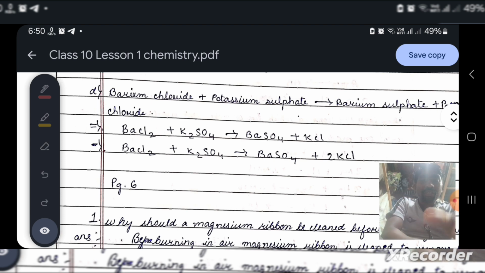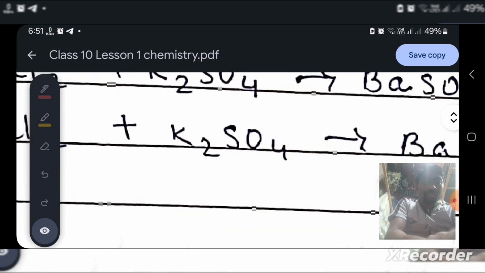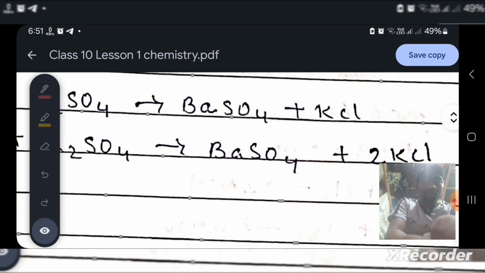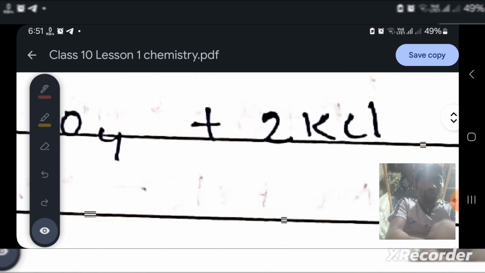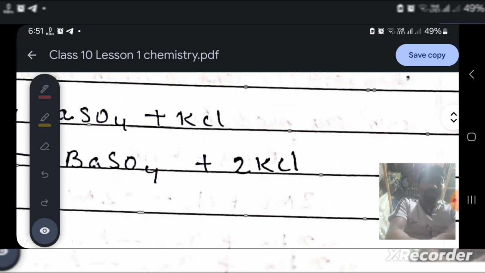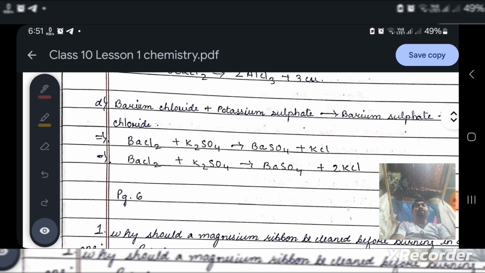In the reactant side BaCl2 has 2 chlorine, but in the product side there is only 1 KCl, so we'll put 2 before KCl, so chlorine has become balanced. And by this, in the reactant side there is also K2SO4, which has 2 potassium. By putting 2 here, we have made the potassium also 2 on the product side.